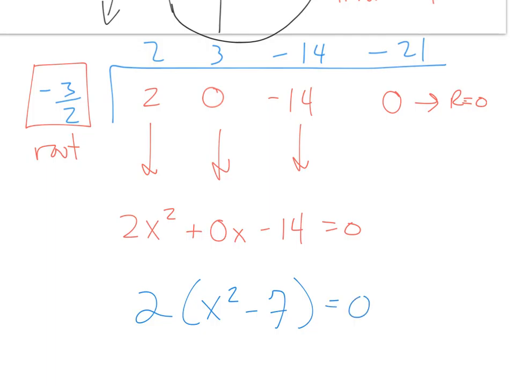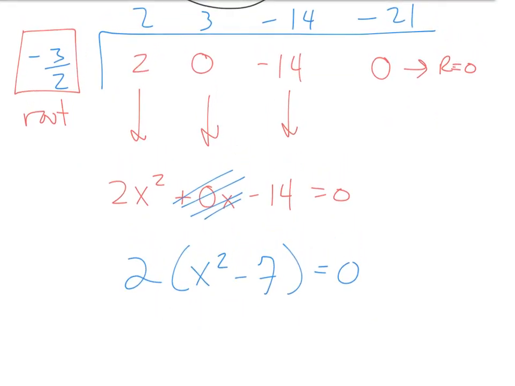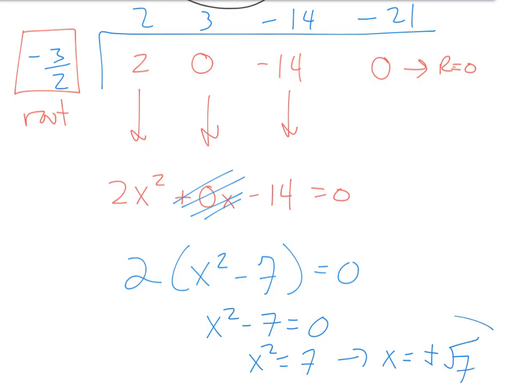The 0x doesn't matter, right? Obviously, I put this here, but you can drop it off. So you can factor out a 2, and then obviously solve normally. Okay, solve like any other algebraic equation. X equals plus or minus root 7. This is where you got to remember plus or minus.